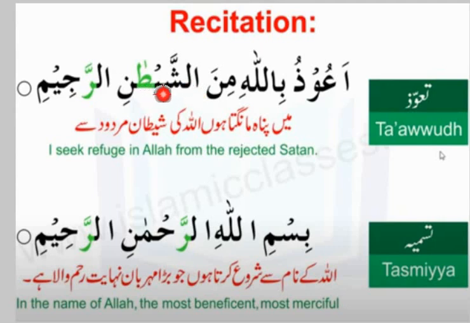And here is ya leen, as it has a sukoon sign, like minash shay tha. As you see, the ya has a sukoon sign, and there is a fatha on the letter before. Whenever this condition comes, there is a ya leen.